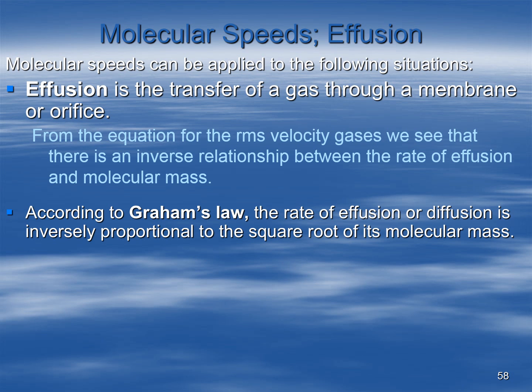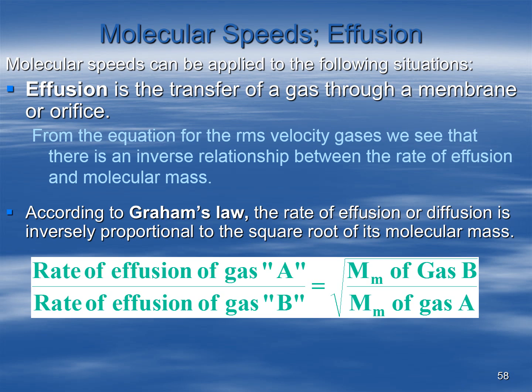Let's not worry about Graham's law, but basically the rate of effusion is inversely proportional to the molecular mass. So again, the heavier one will effuse more slowly than the lighter one.